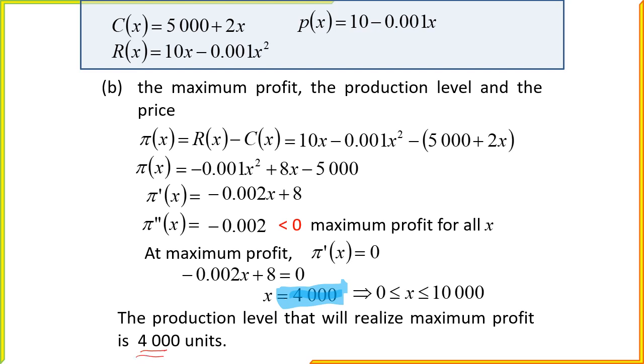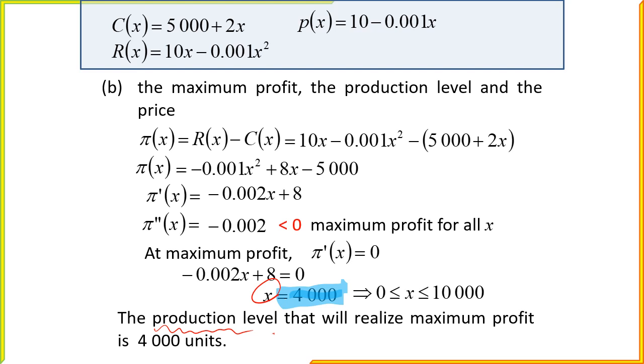So in order to get the maximum profit, we need to sell 4,000 units. This production level means the product that we need to sell, so the value of x is the quantity.